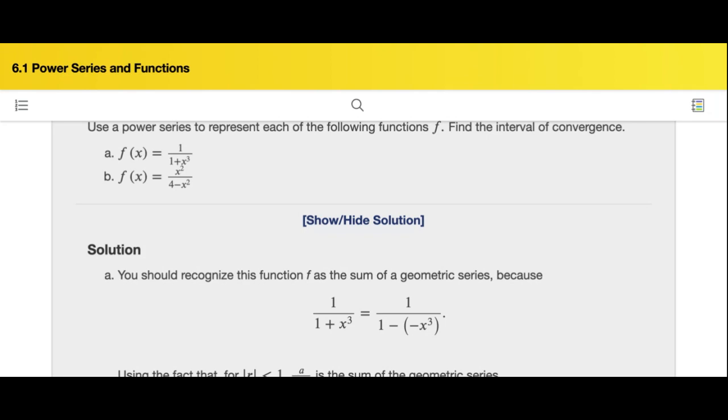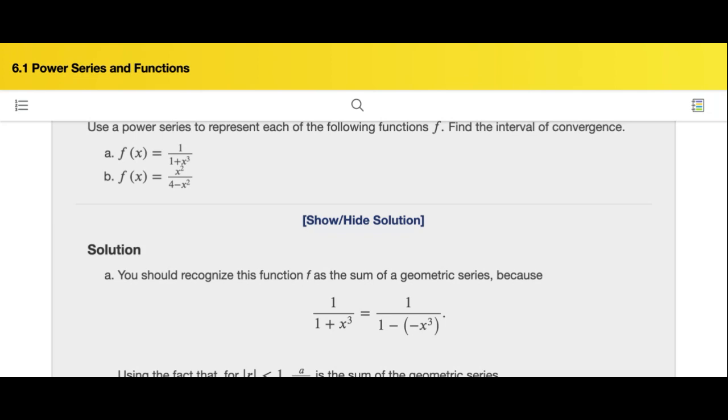So what can we do? We have to do absolute value of x divided by 2. We can take the square root on both sides, less than 1, right? Then that means absolute value of x less than 2, right?